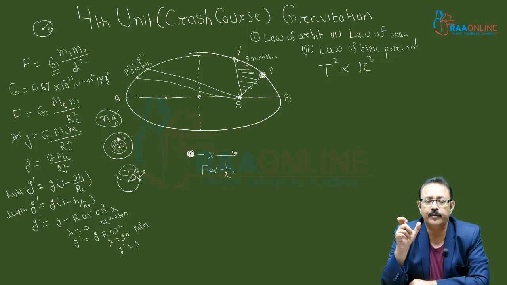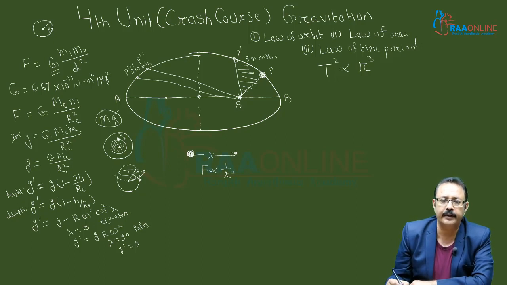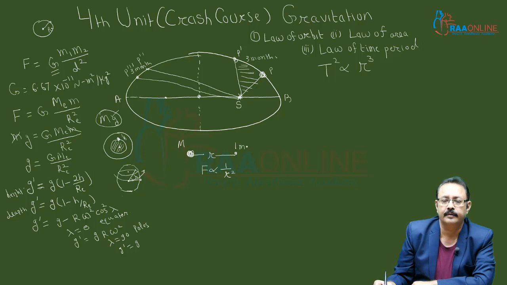It means that the gravitational intensity at a distance r from mass m is the force experienced by a unit mass kept at that point. What force will it experience?